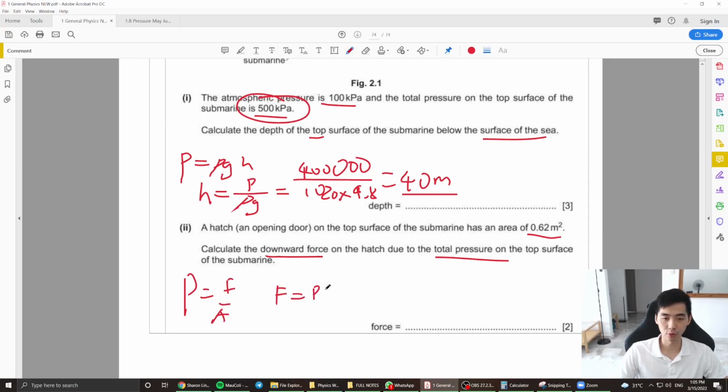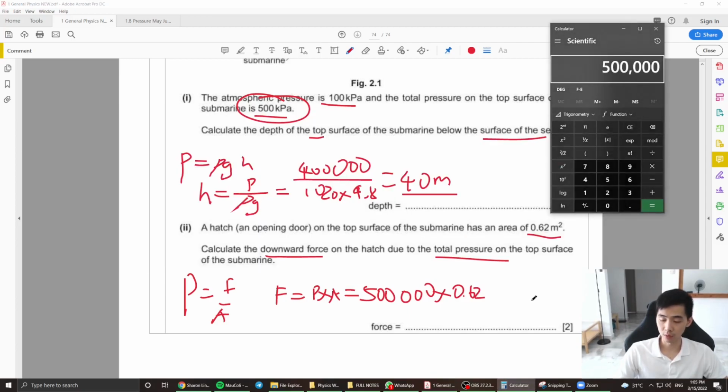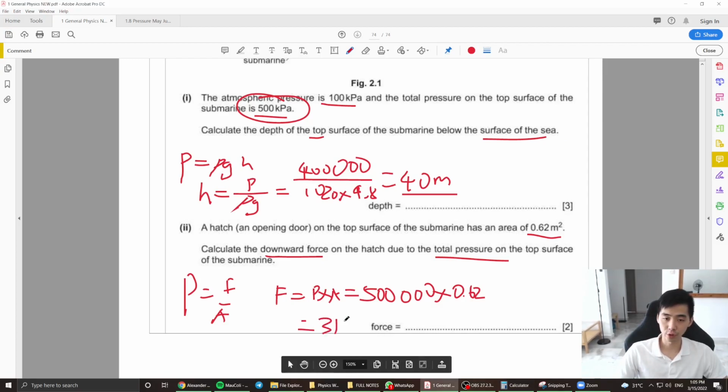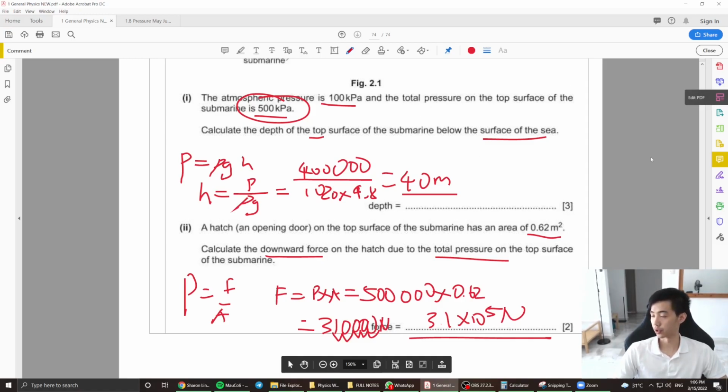Force will be equal to pressure multiplied by area, which will be 500,000 multiplied by 0.62. You'll get a force of 310,000 newtons, which is 3.1 times 10 to the power of 5 newtons here. Okay? And this is how you're supposed to do the pressure questions.